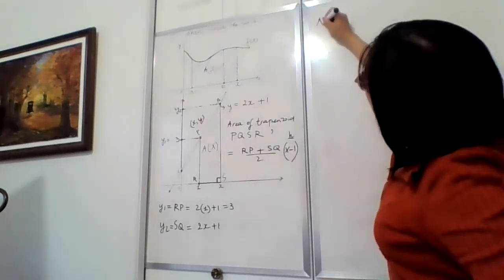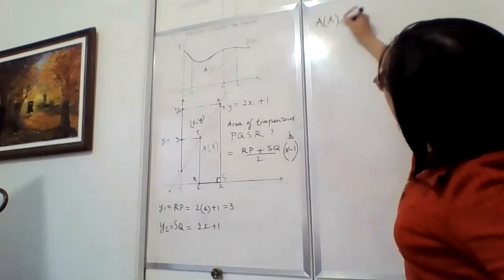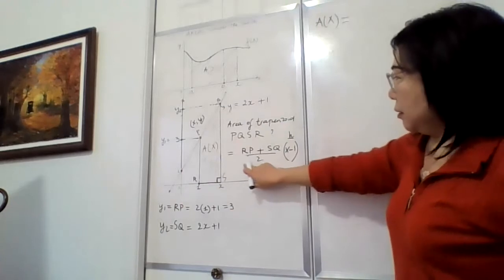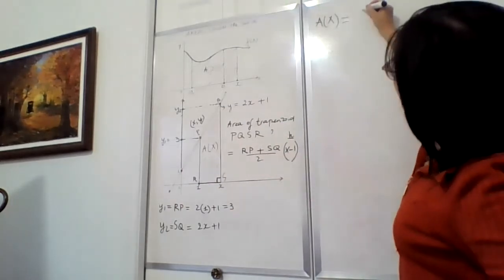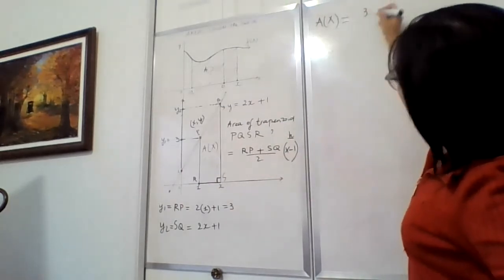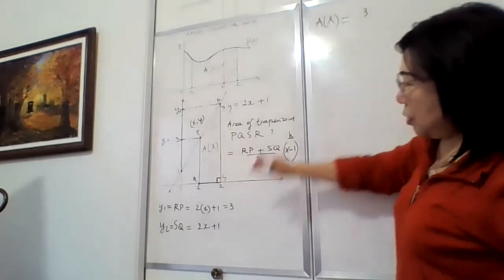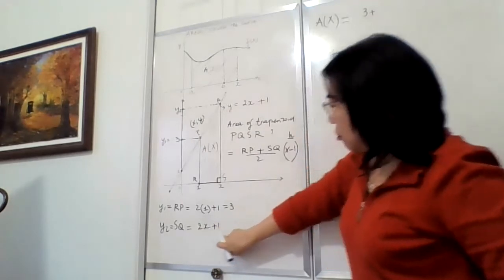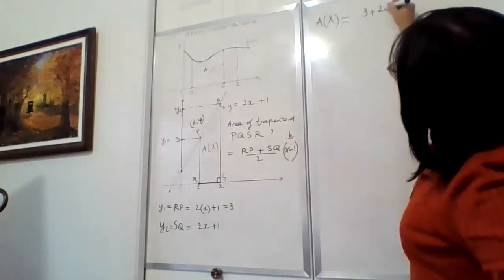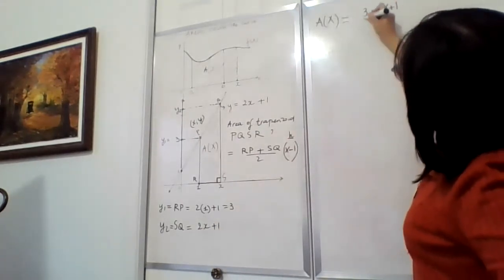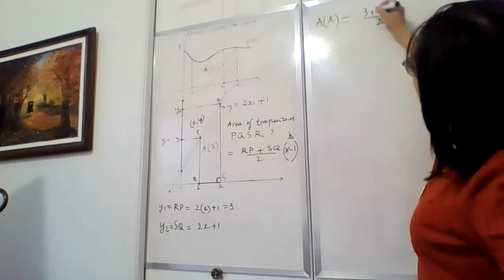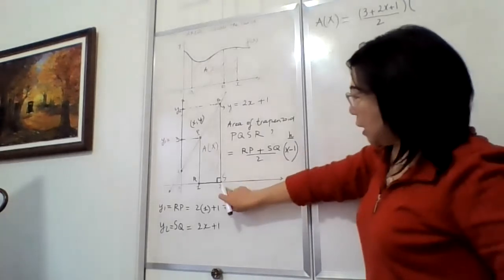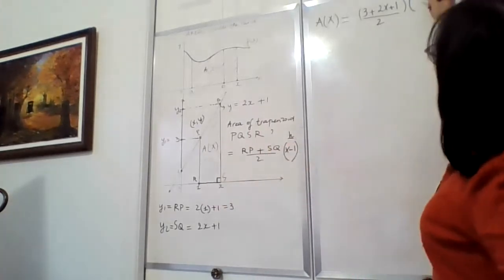I'm going to say area of x, of function x, equal, follow this formula: RP, which is 3, adding with SQ, which is 2x plus 1, and all of this divided by 2, times the height, and the height is x minus 1.